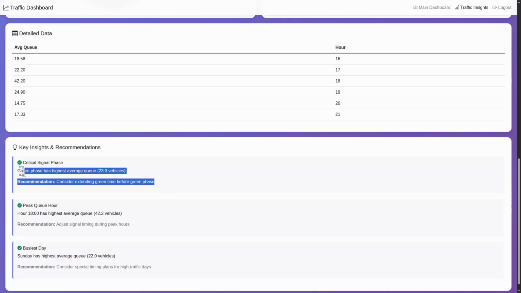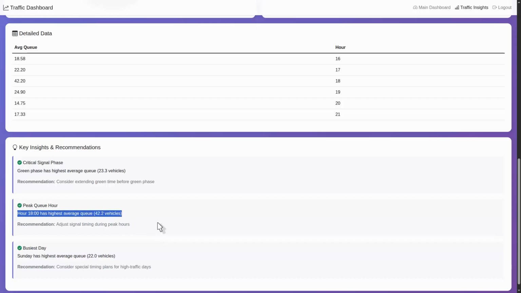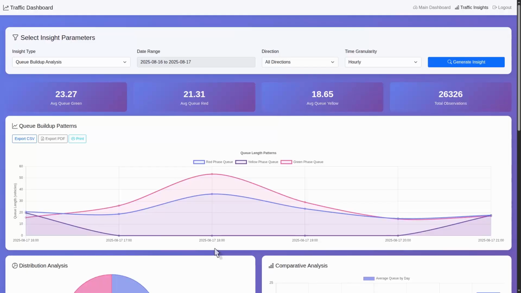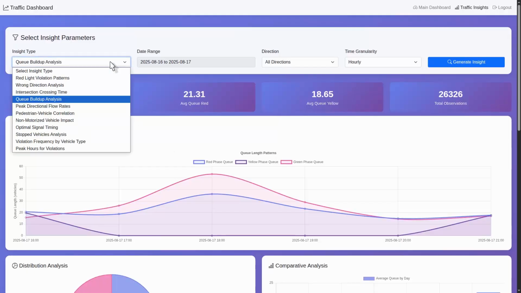The critical signal phase has 23.3 vehicles, and hour 18 has the highest average queue length, and within that time range Sunday has the highest average queue. So based on this, we have some recommendation to consider a special timing plan for that time.